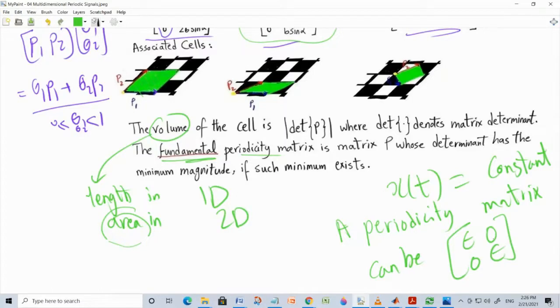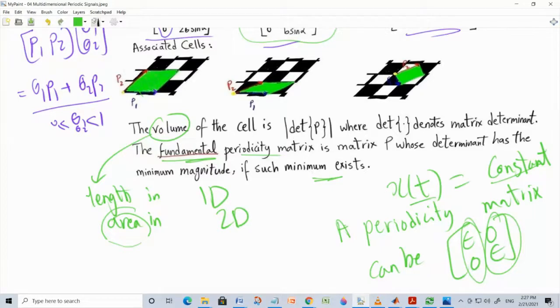So it tells you, if you move in the t1 direction by epsilon, the function is the same. And if you move in t2 by epsilon, the function is the same. Well, the function is constant everywhere. So what is the volume of the fundamental cell? It's epsilon squared. Well, I can choose epsilon as small as I wish. Okay, so the minimum may not exist.